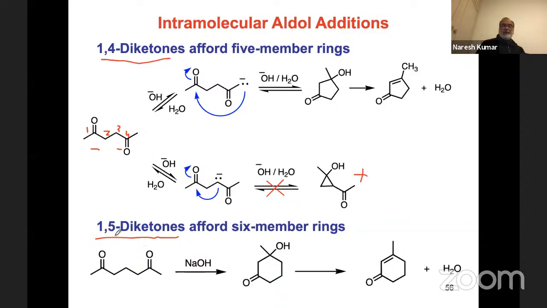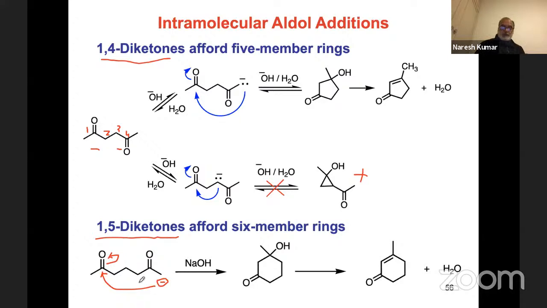And the same applies to the 1,5-diketone. You will get a 6-membered ring if you remove the proton from this side and attack onto the carbonyl over here. And you will get a hydroxy ketone, and the hydroxy ketone will then dehydrate to give us this conjugated compound.